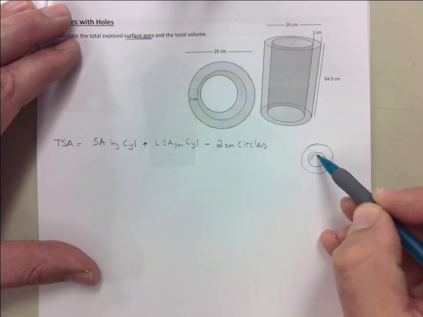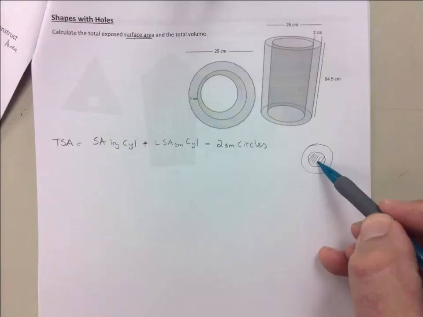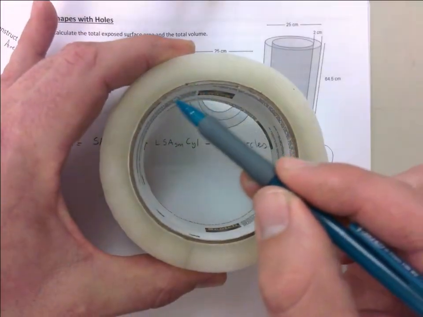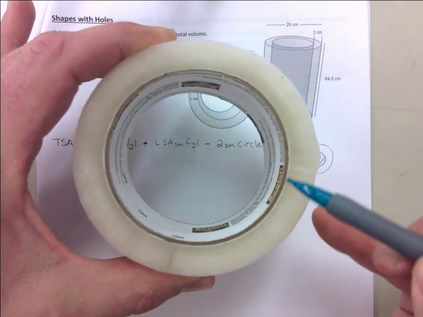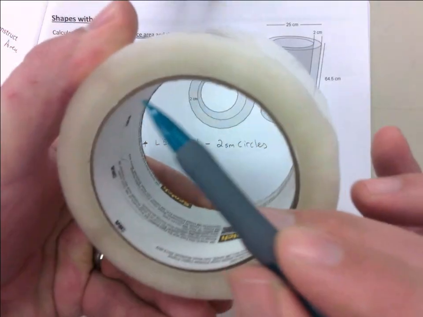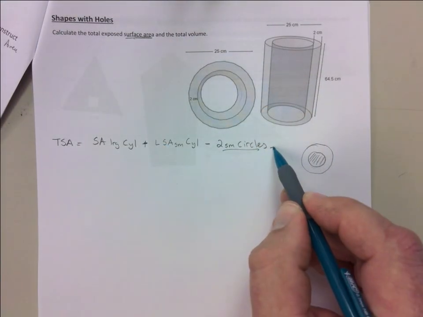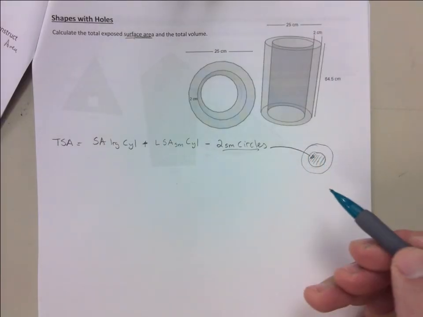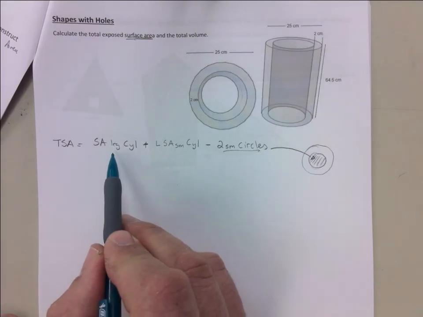This is what we're going to subtract from both ends. We're subtracting that small circle from the top and from the bottom. That's why I'm subtracting 2 small circles. I'm taking those 2 away from the large cylinder.